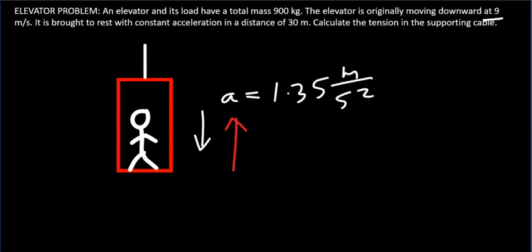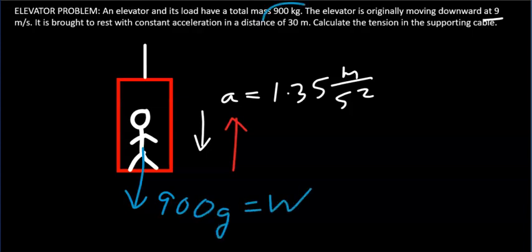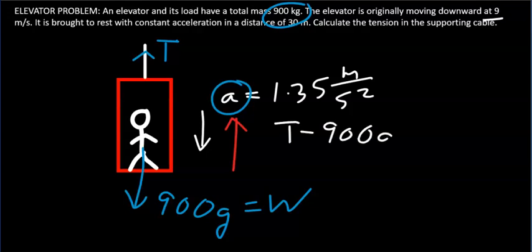Let's proceed to determine the tension in the supporting cable. Let's first sketch the free body diagram for that elevator system. Now we know the weight is 900g because the mass is 900 kg. The tension is going upward, so that's tension right there. The acceleration is in an upward direction. So using Newton's second law, the net force is T − 900g.